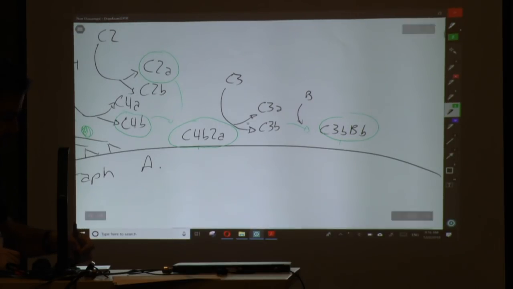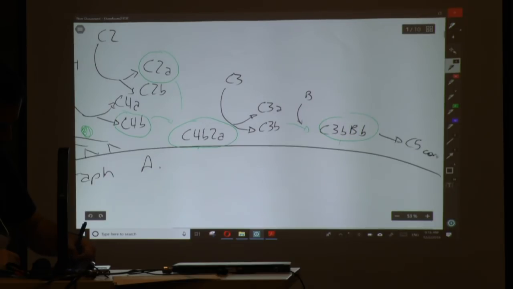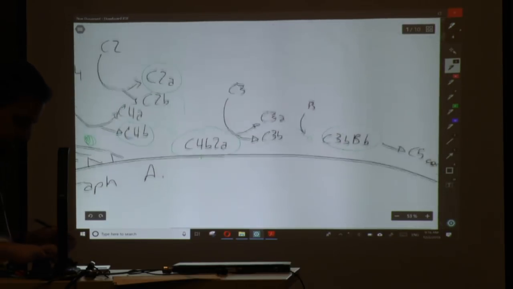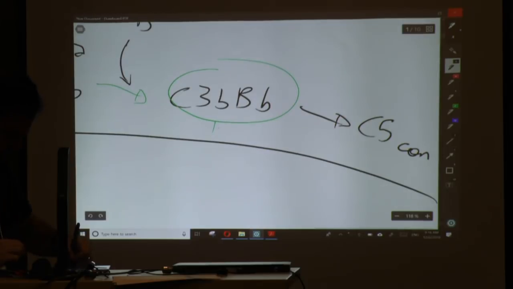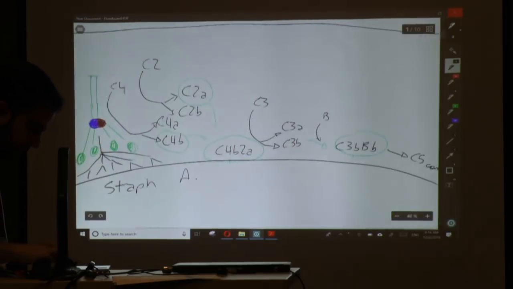And this can also cut C3 into C3a and b, and so on. But then this can also turn into a C5 convertase as well, right? Ooh, what did I do? Convertase. Cool.